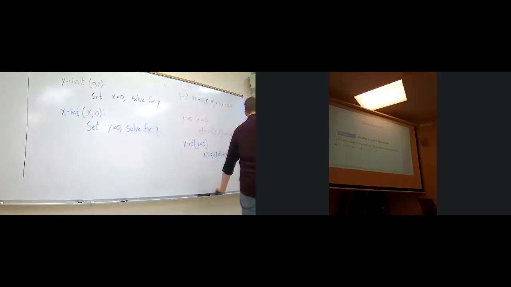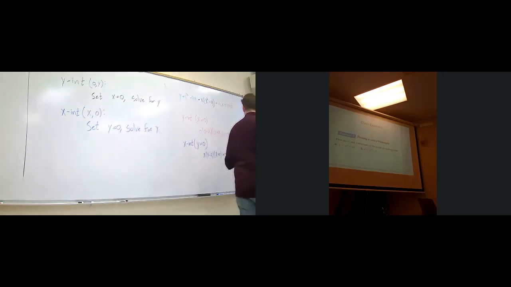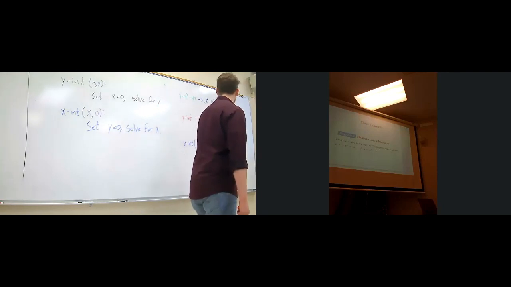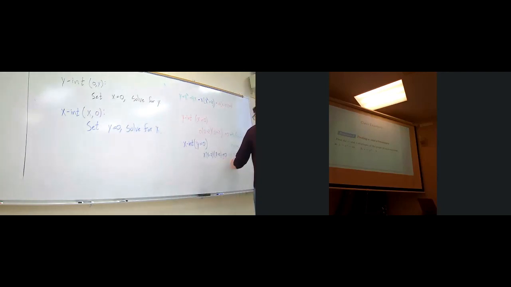So automatically, we know one case. When X minus 2 is 0, is the other case. And then the third case is when X plus 2 is 0.